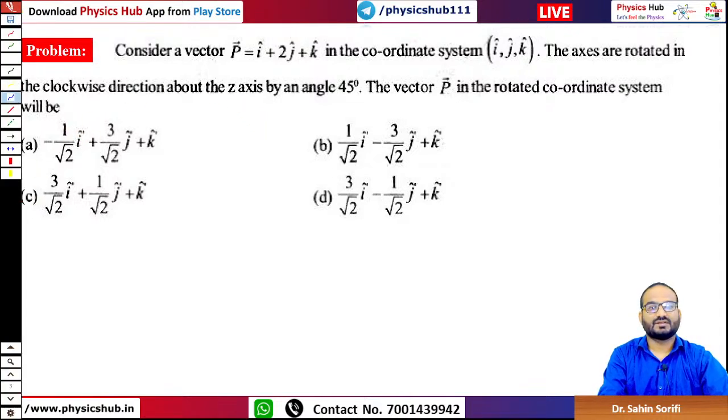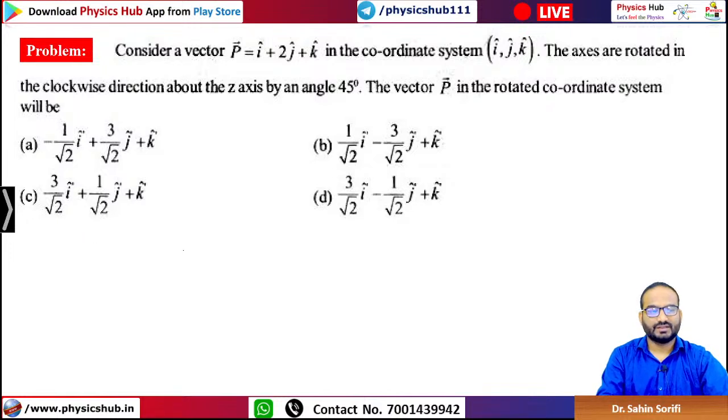So if I give you a hint, it is like Rz operated on some vector x, let's say, and it is producing x prime. So you have to find out this x prime. X is given to you in this way.